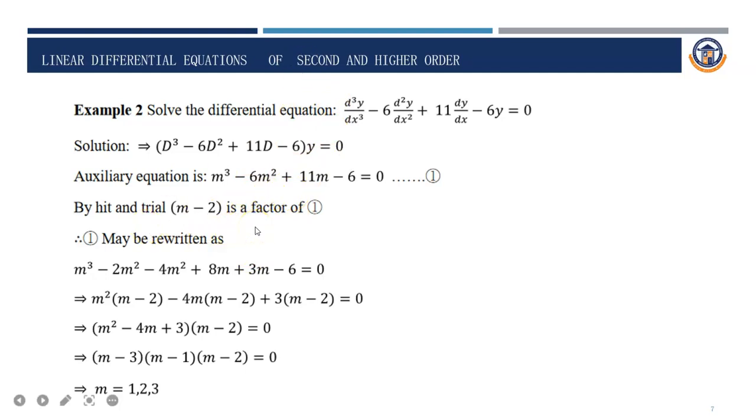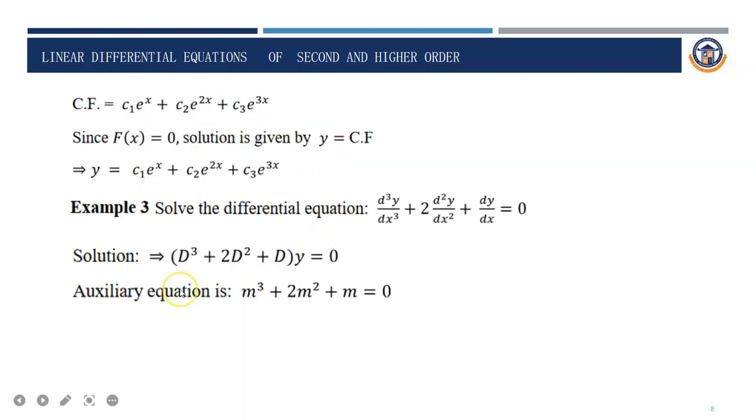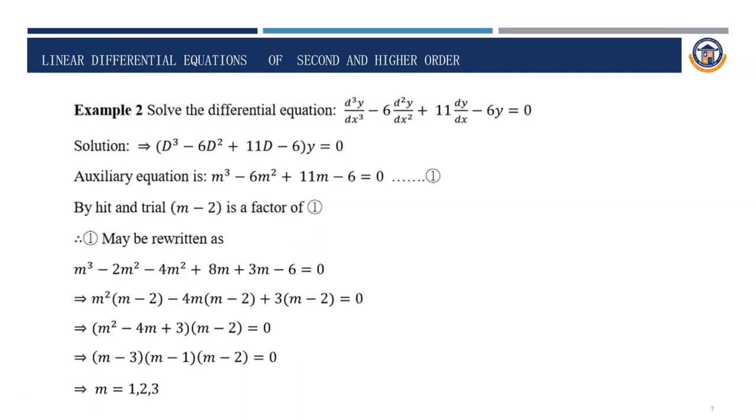Then by hit and trial, m minus 1 is a factor of this equation. Using synthetic division, we can easily find out the roots. We get the roots 1, 2, 3.